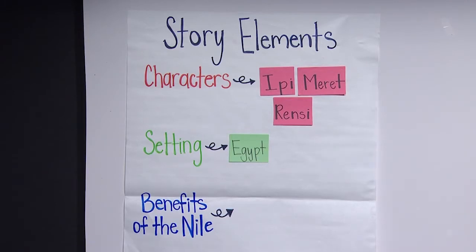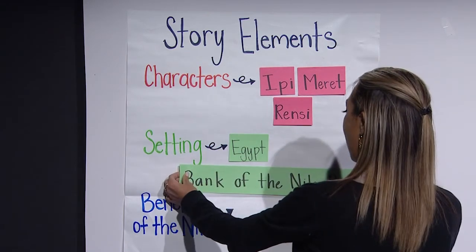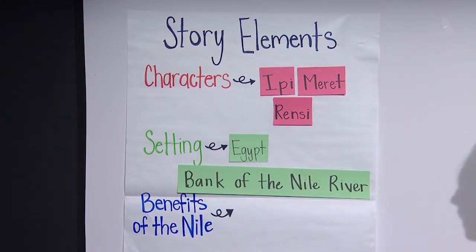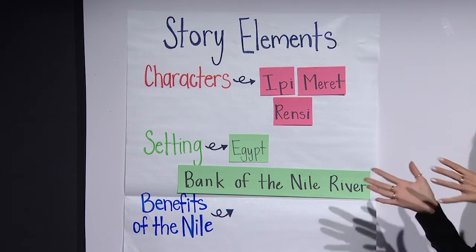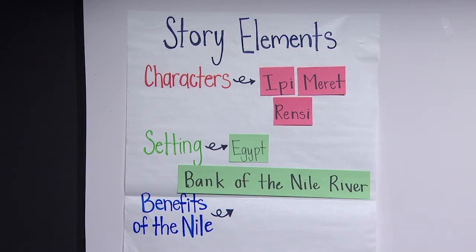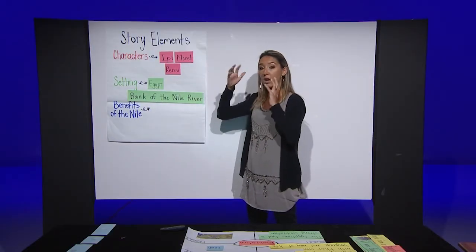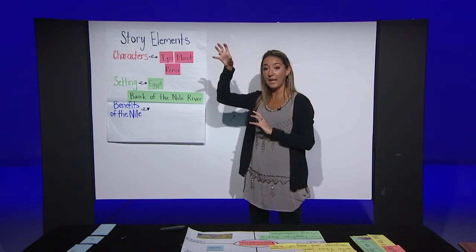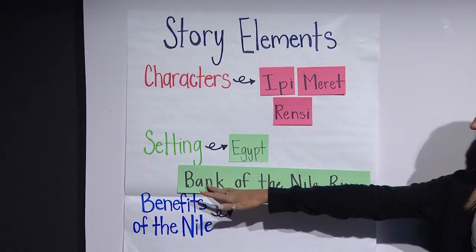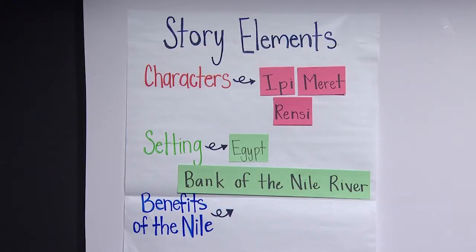And if you said the bank of the Nile River, you are also correct, because we were on the edge, the side of the Nile River. So we could say Egypt, which remember is on the continent of Africa in that low right-hand corner, or you could say the bank of the Nile River.